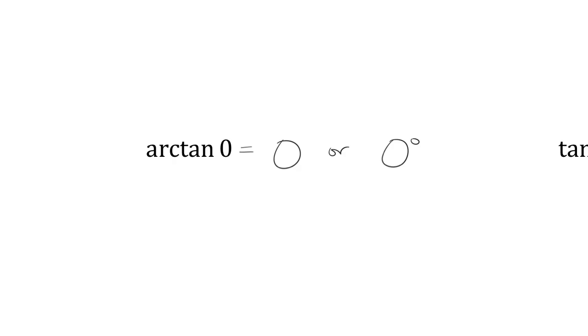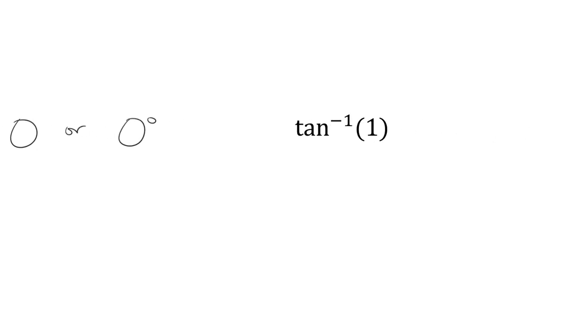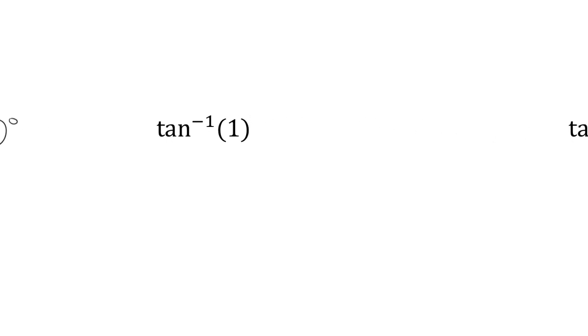On the right side only, so I can refold it, boom, over here. Great, let's try another one. What is the inverse tangent of 1? Pi over 4, very good, or 45 degrees.